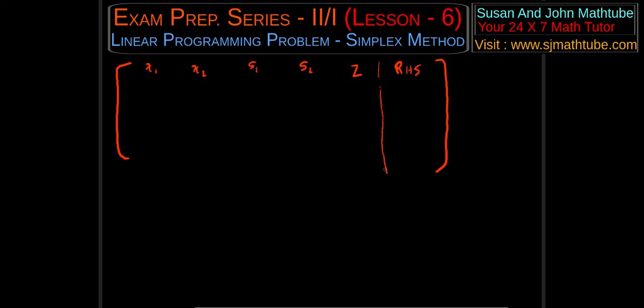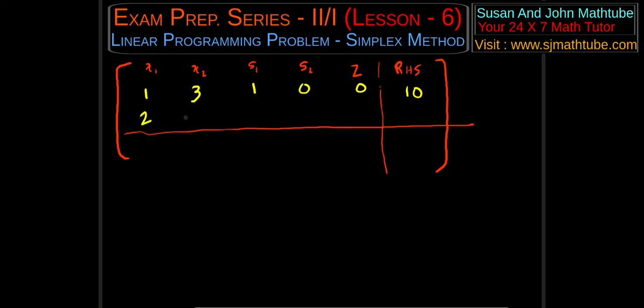Okay, so let's start writing. Yeah, so here we go. So we get 1, 3, 1, 0, 0, and the right hand side is 10. And then we have 2, 1, 0, 1, 0, and the right hand side is again 10.